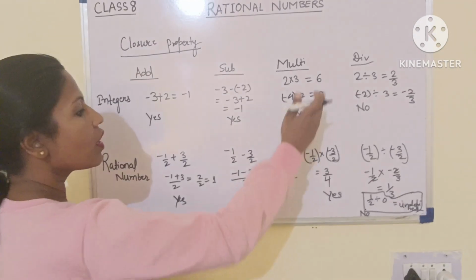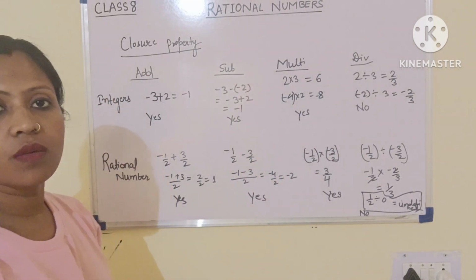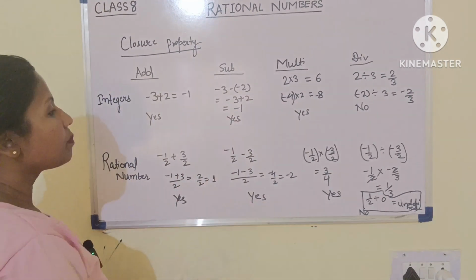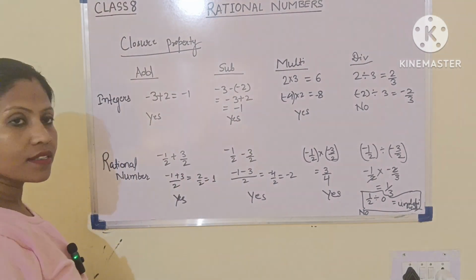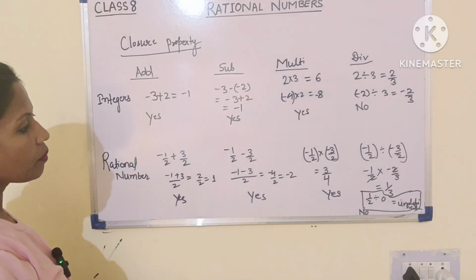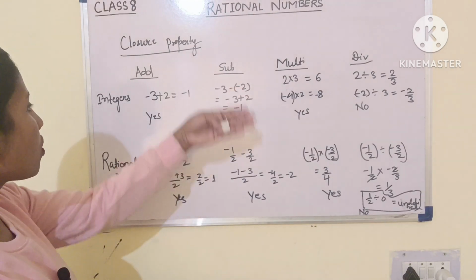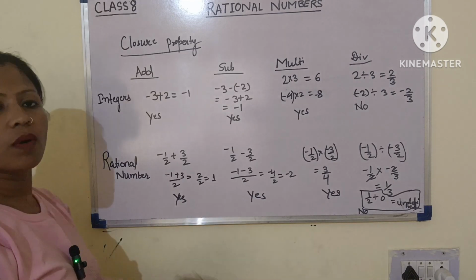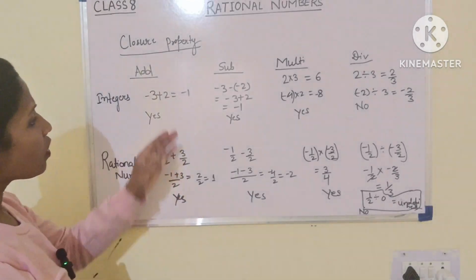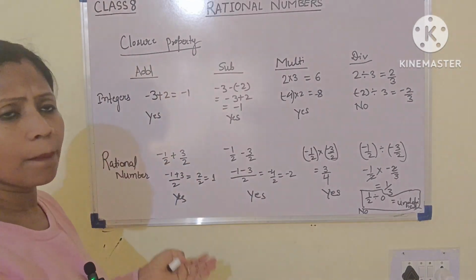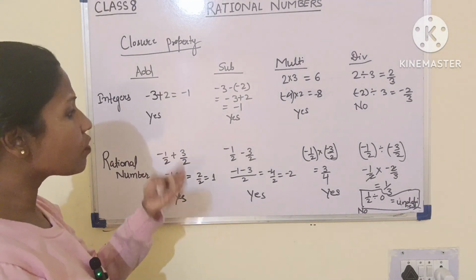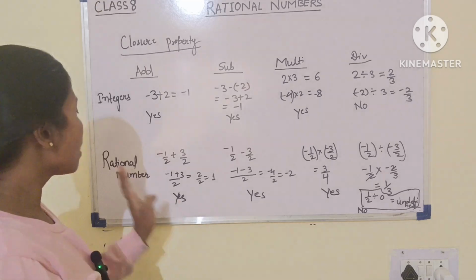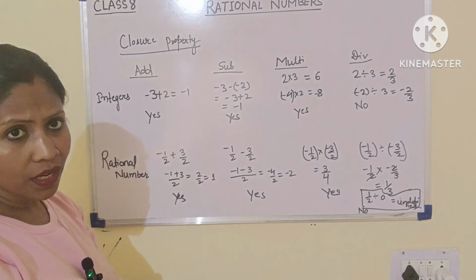Okay. So we saw that in the division case, closure property is not followed at all, even for whole numbers, integers, rational numbers, natural numbers, for all. And we saw multiplication, subtraction, addition. So this was about the closure property. Very minutely you have to take some examples and then find out: is it following the rule or not? In the integer case, you can take some minus numbers. In the rational number, you can take some minus numbers.